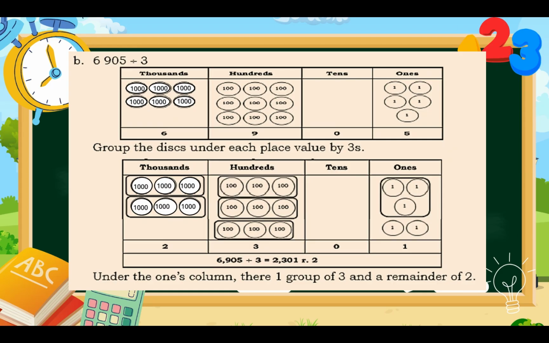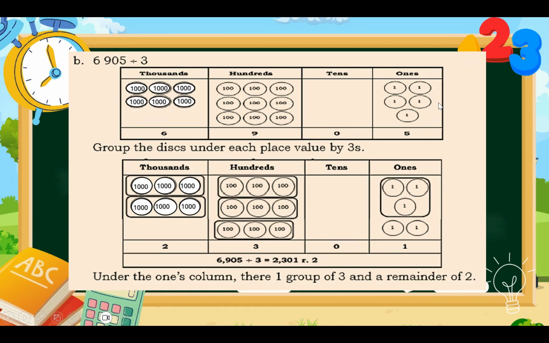Now for letter B, we have 6,905 divided by 3. We have 4 place values, ones, tens, hundreds, thousands. Now in 6,905, there are 6 1,000s, 9 100s, 0 tens, and 5 ones.